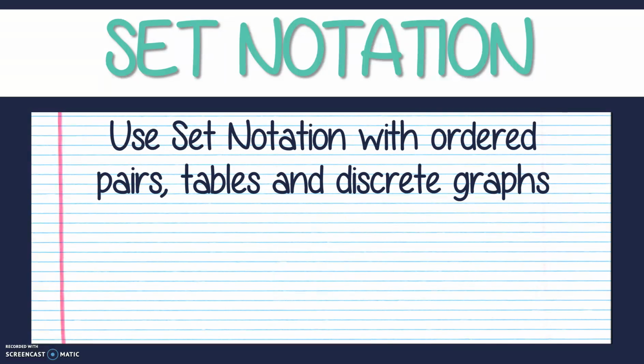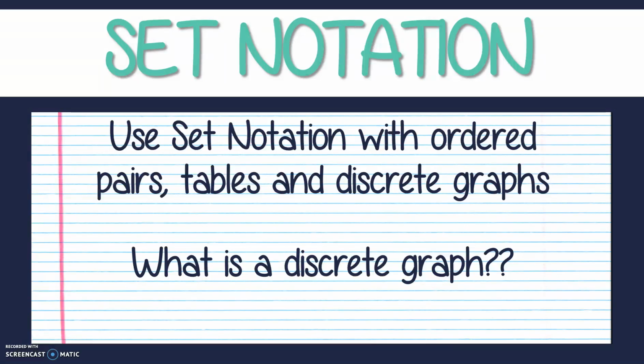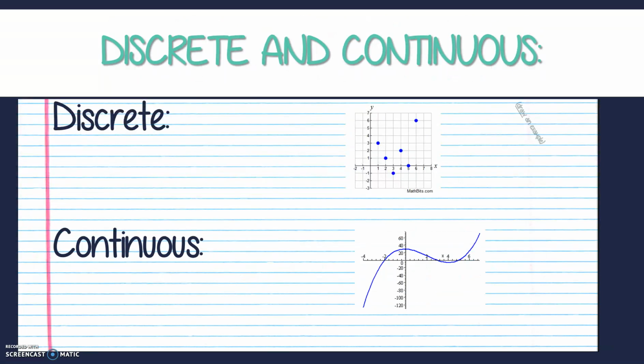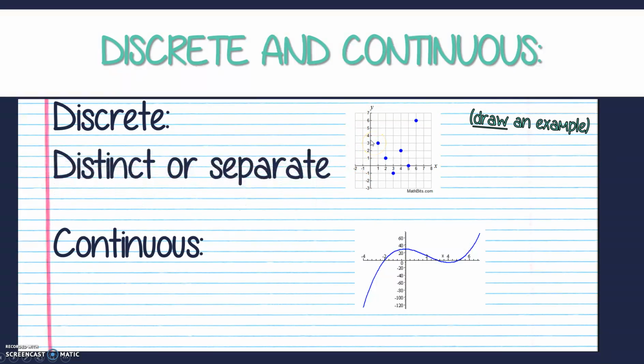So when we do this, we use set notation with ordered pairs, tables, and specifically for discrete graphs. So ask yourself, what is a discrete graph? Do we know? Let's go over that real quick. So a discrete graph looks like this. Do you see how the points are essentially all distinct or separate from each other? I have one point in very different areas, versus continuous.